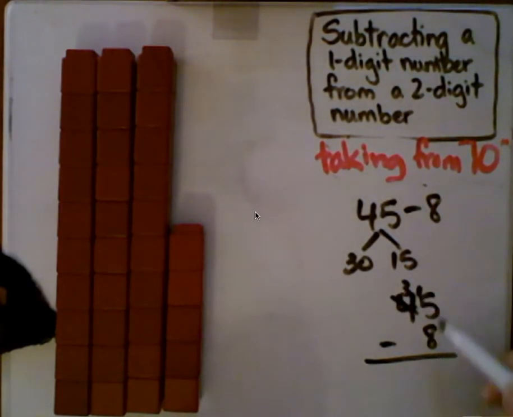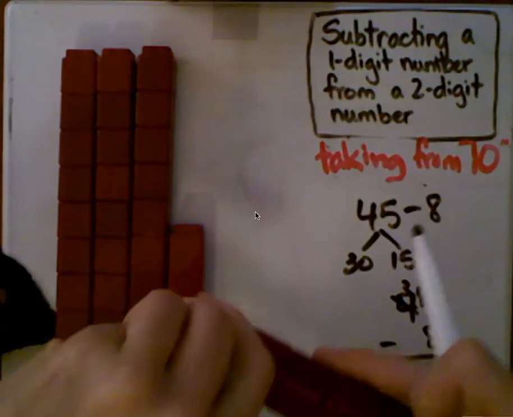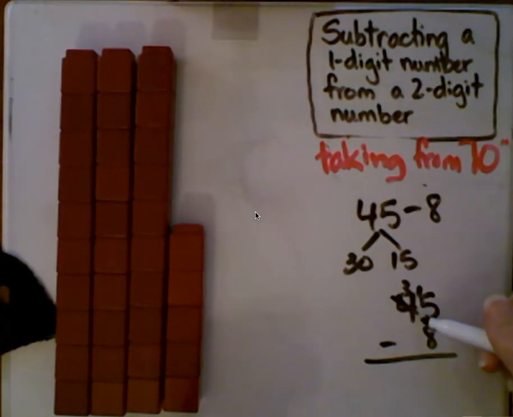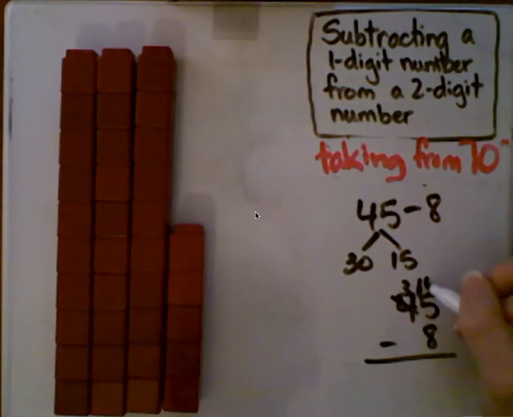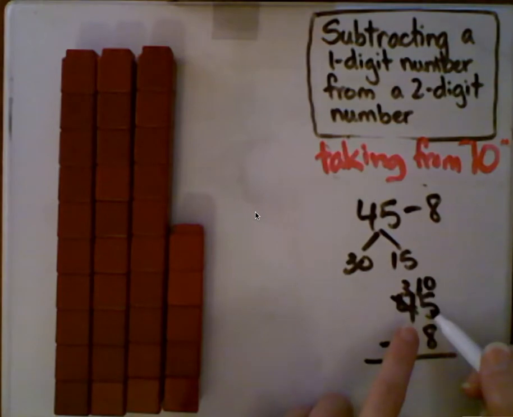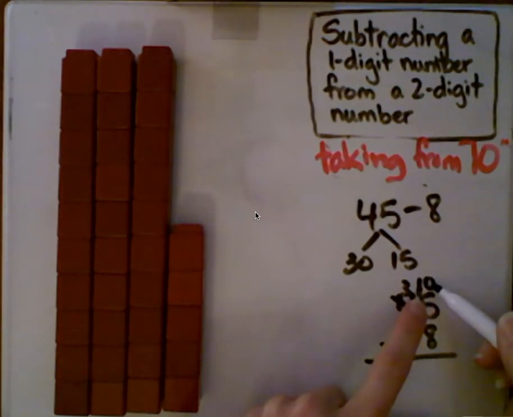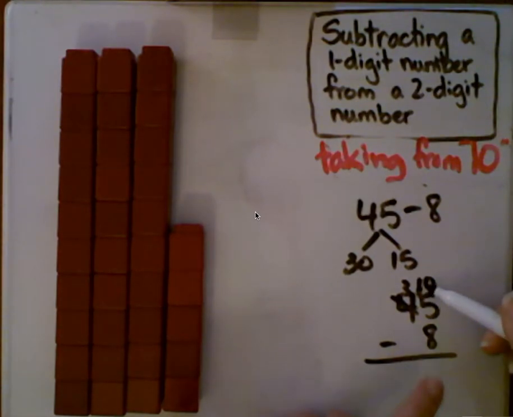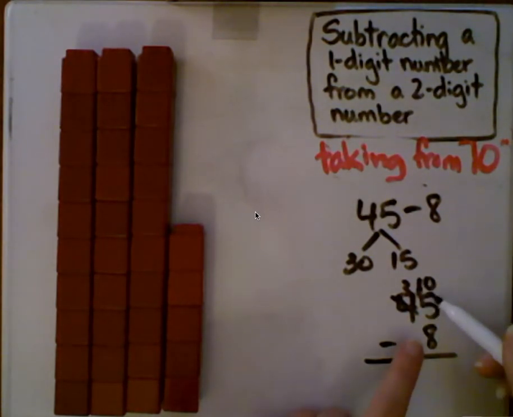But at this point in the year, many students don't know their basic fact of 15 minus 8 off the top of their head. But they do know their basic fact of 10 minus 8 off the top of their head. So what we're doing, if I wanted to compare it to your basic algorithm, is instead of making this 15, we're making it 10 and taking our 8 from the 10 so that we end up being left with 2 instead of taking it from the 5.